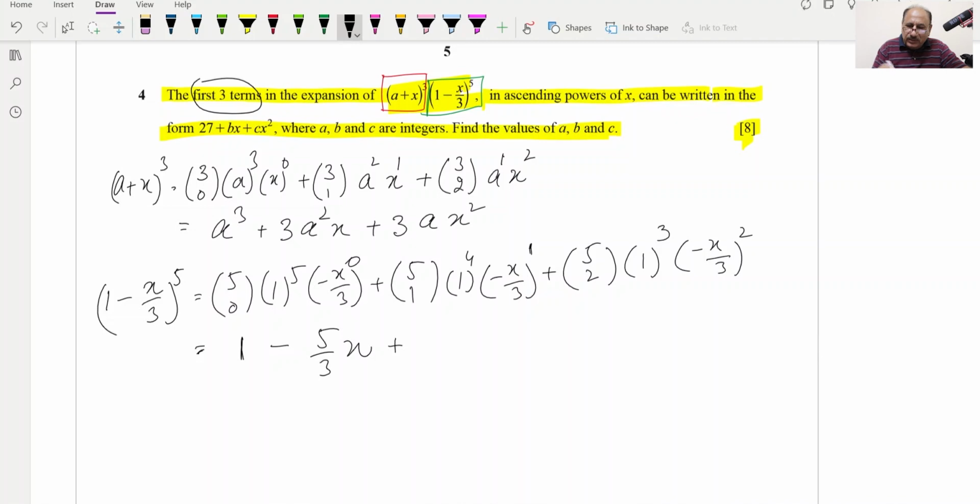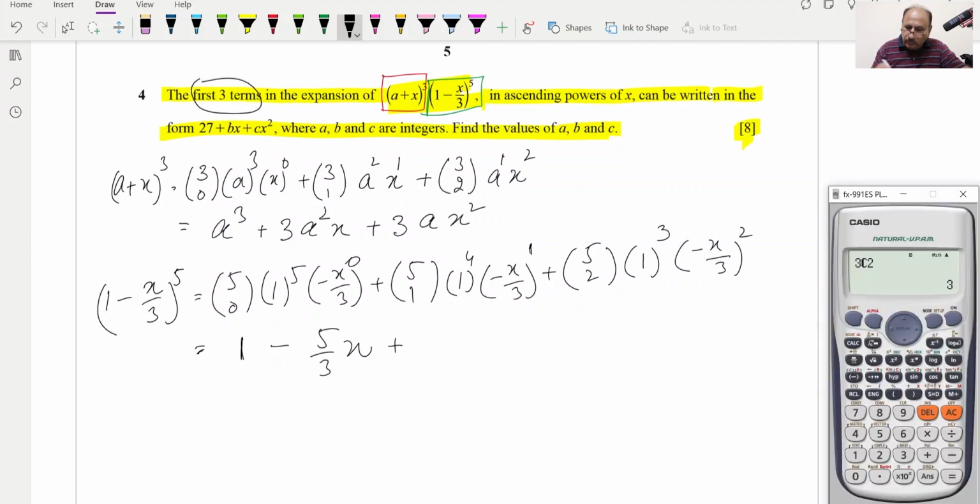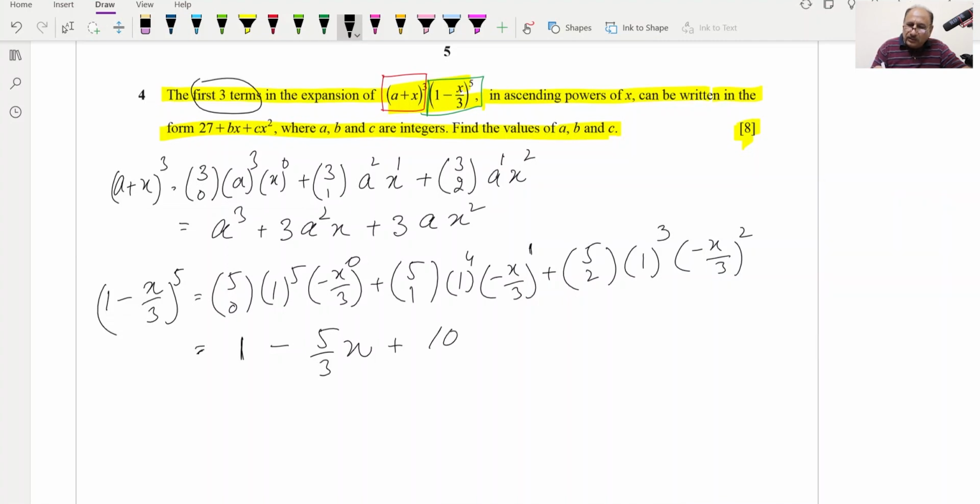Now plus next will be 5c2, which will be 10, so this will be 10 and minus x squared will be x squared over 3 squared, which is 9, so 10 by 9 x squared. So these are basically the three terms which we have written over here.